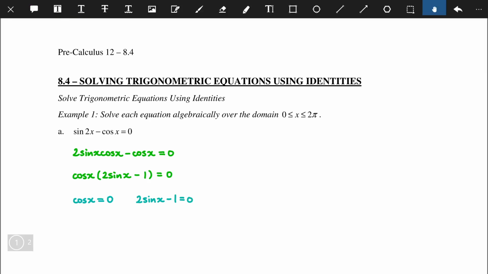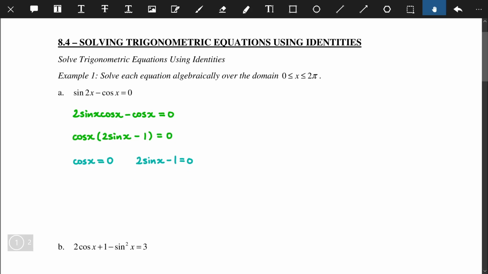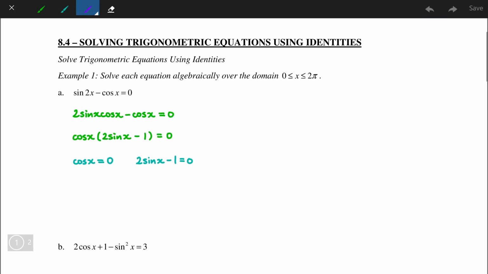So the idea here is that cosine x is equal to 0 when x is equal to pi over 2 or 3 pi over 2. There's two possibilities. And then the second piece we have here is that sine x is going to be equal to 1/2. Right? We move the 1 to the right-hand side and then divide both sides by 2.